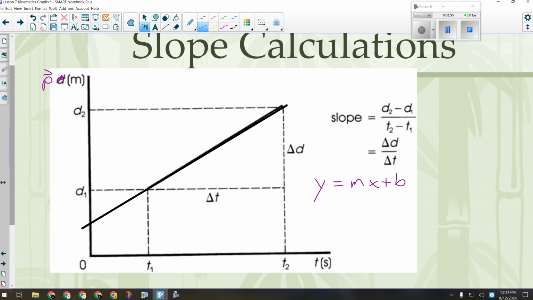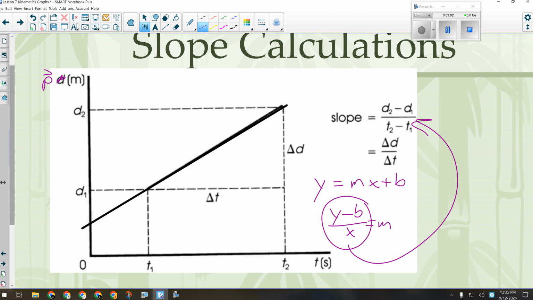All right, here's why. If I solve for m, I would subtract b over here, and then I would divide by x. This and that, are they saying the same thing? So if I do this analysis, I go, okay, slope is y minus b over x. That's true on any graph.